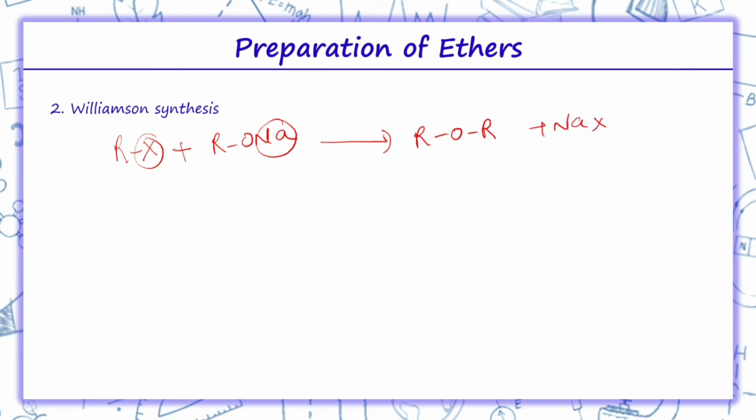Now the important concept here is, if we want to prepare tertiary butyl ether, the alkoxide should be taken tertiary and the halide should be taken primary.